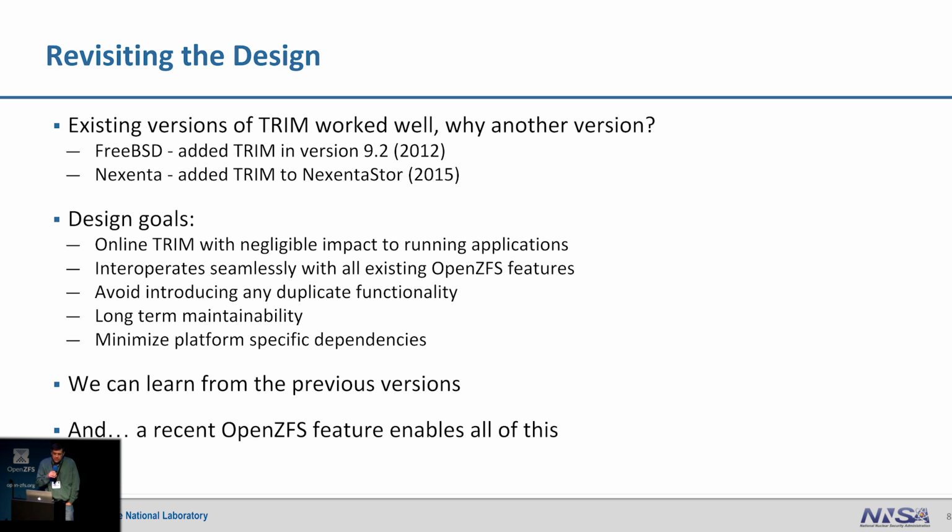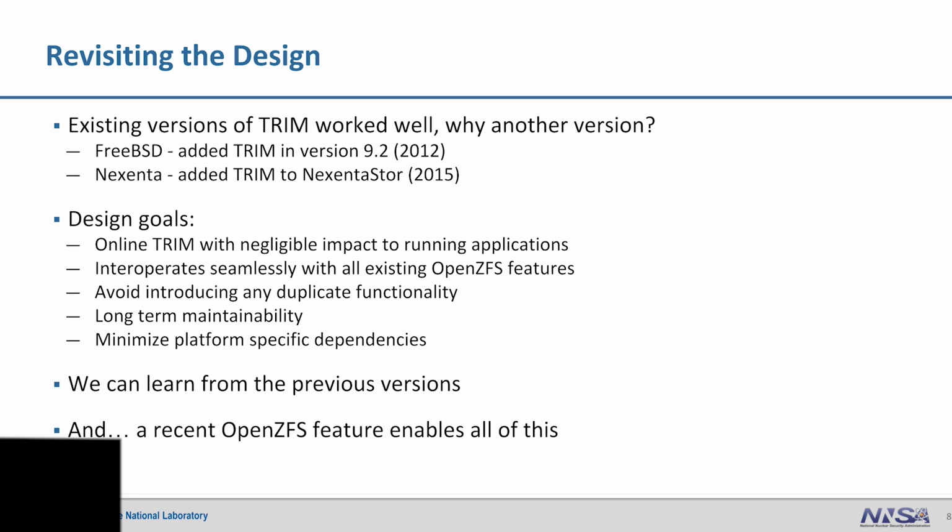That was until the last release. And with the last release, at least for ZFS on Linux, 0.8, we took it as an opportunity to revisit why trim support had never been added, and to look at how we really wanted to do it in the port. So, design goals.